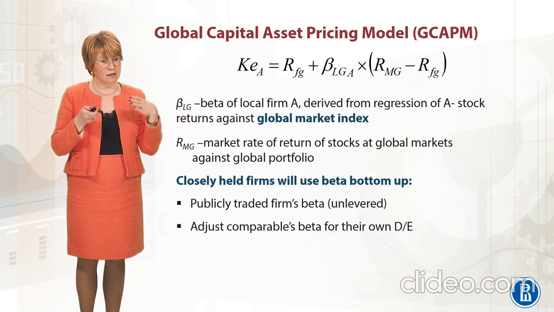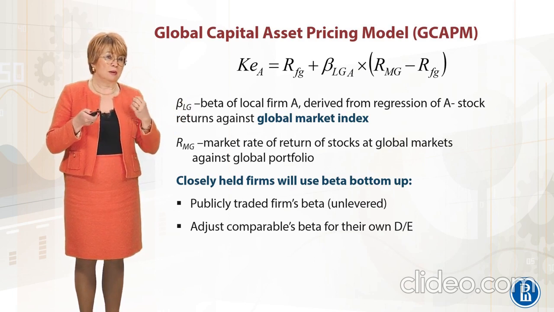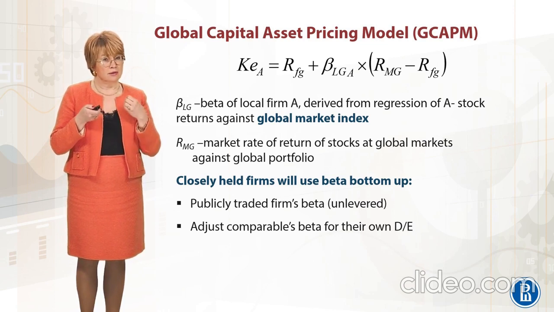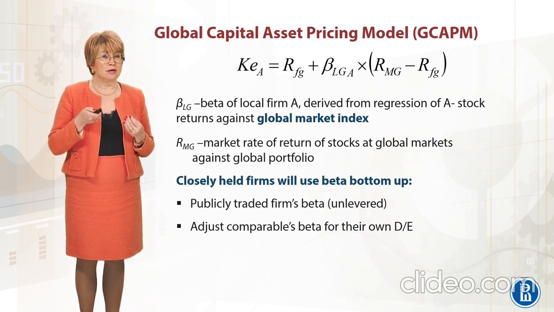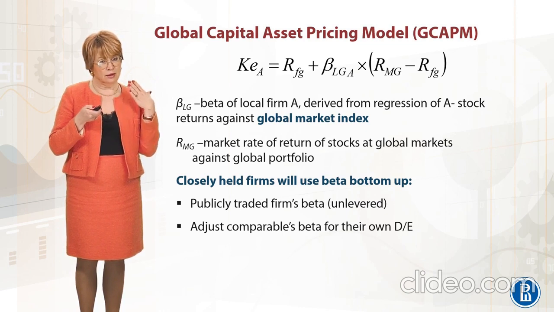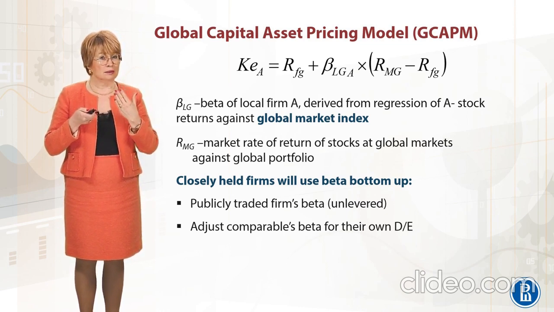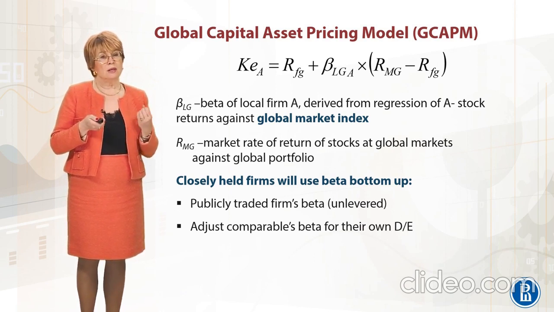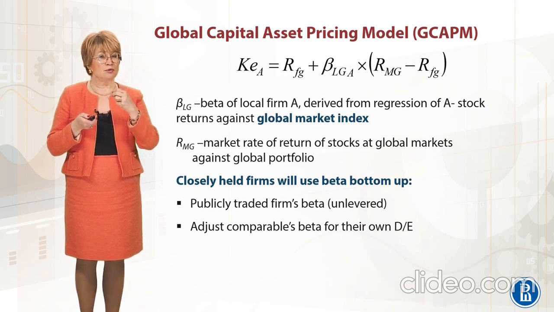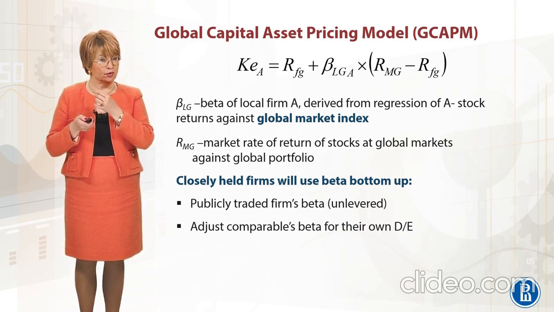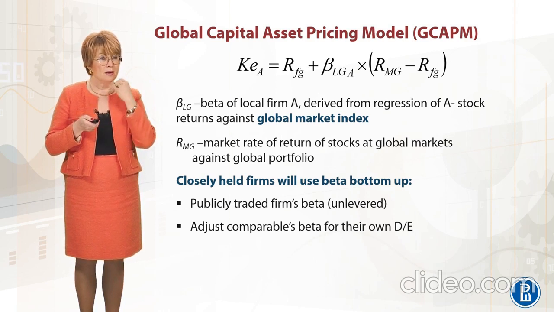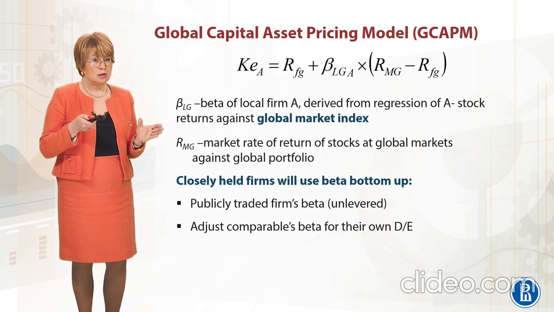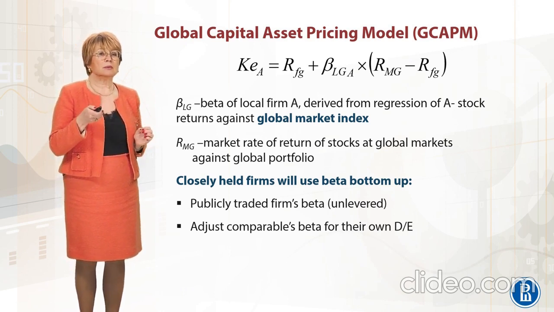That's why the beta is marked here with the letters L for the local company A, and G says that regression is built not compared to the local market rate of return, but on the contrary, to the global well-diversified portfolio of risky stock.